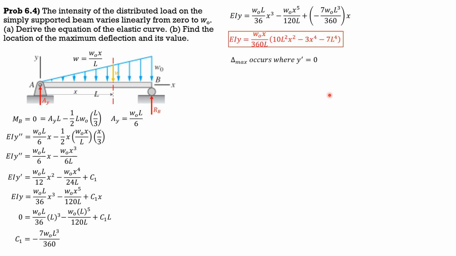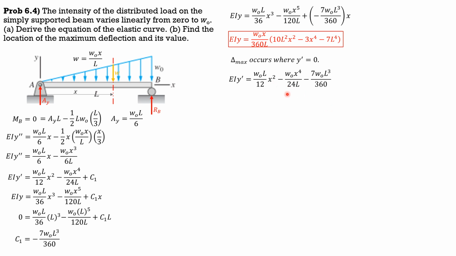So again, delta max occurs where y prime is 0. So we set this to 0 with C sub 1 known. So EI y prime equals WOL over 12 x squared minus WOX to the fourth over 24L plus negative 7 WOL cubed over 360.